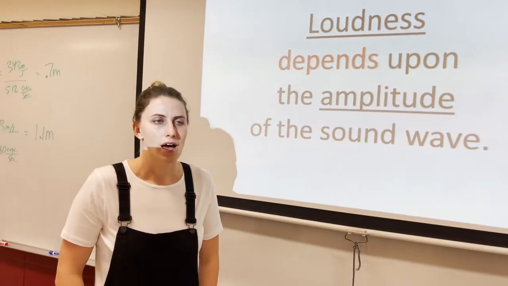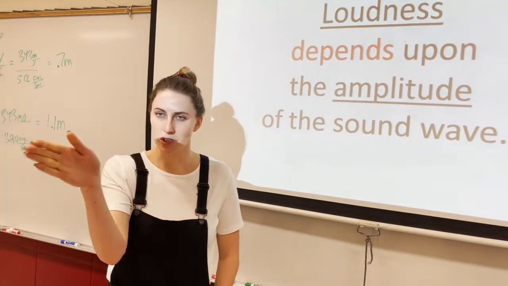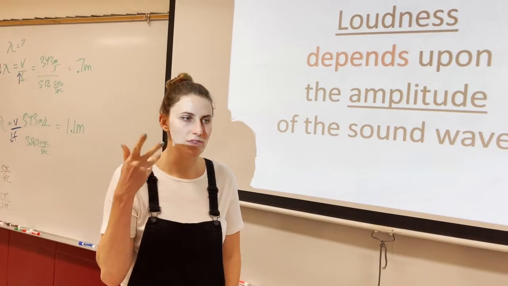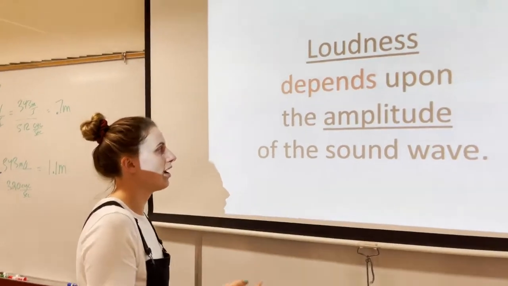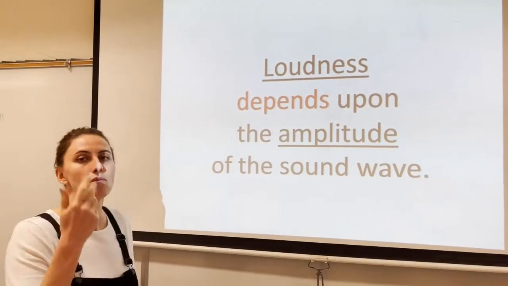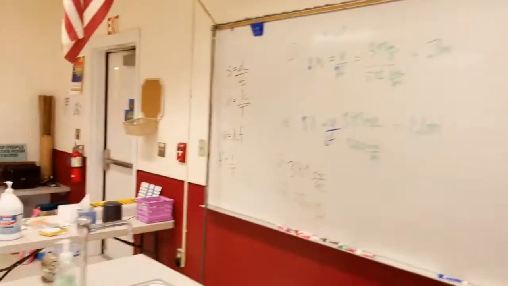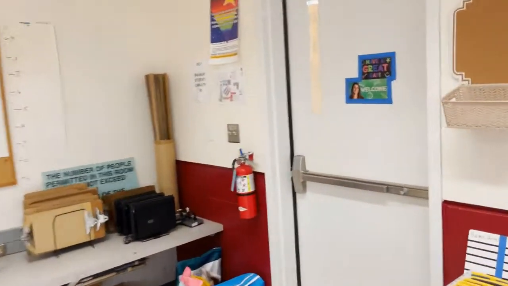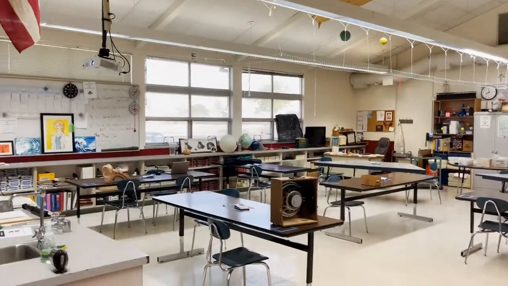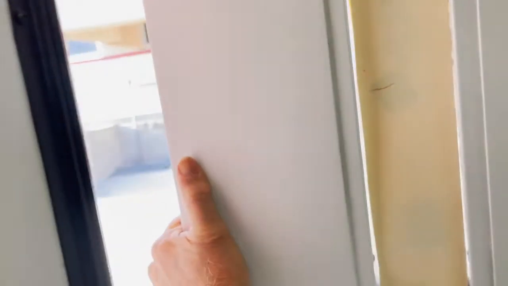Not only does it affect how much the curtain is moving over there, but there's also a relationship with how loud it is. So more amplitude, more loud. When she was moving the door back and forth just a little bit, that's not much variation in pressure.